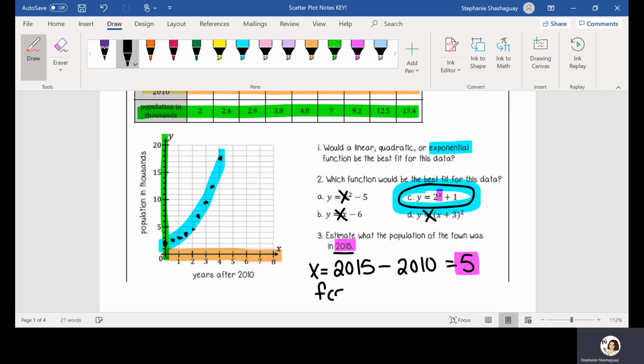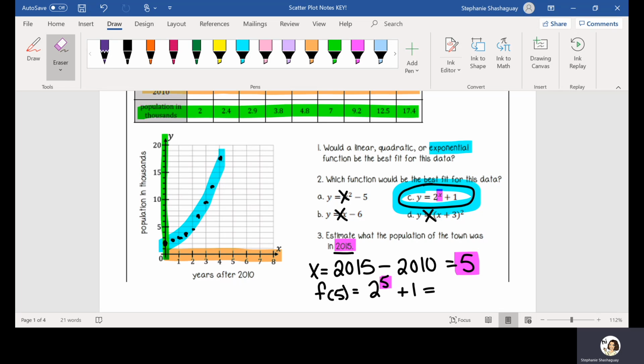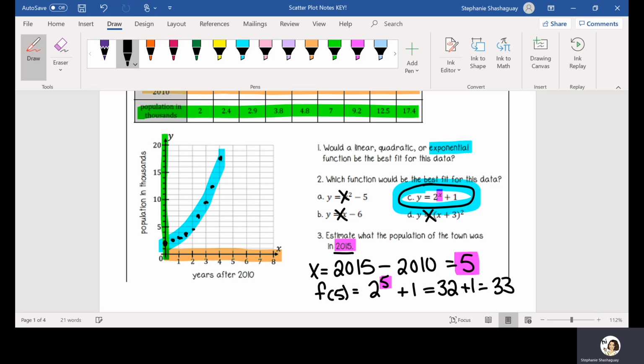So I'm going to find f of 5 is equal to 2 to the 5th power, because that's where my variable is, plus 1. 2 to the 5th power is 32. Plus 1, which is equal to 33.